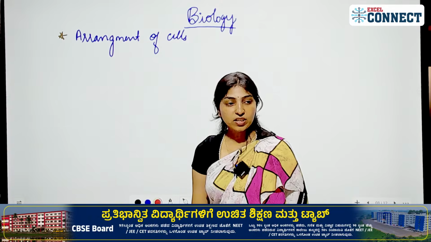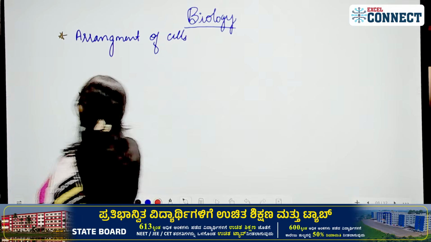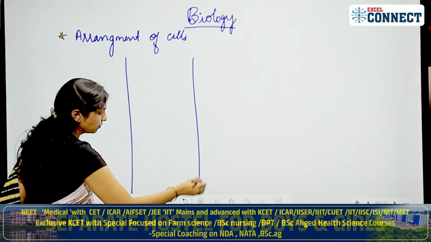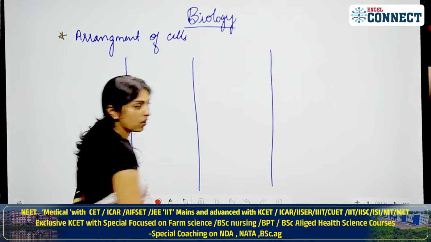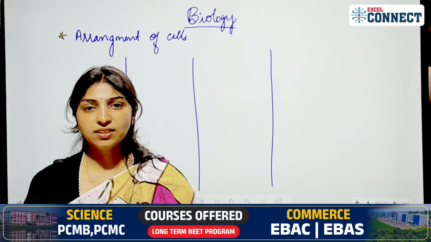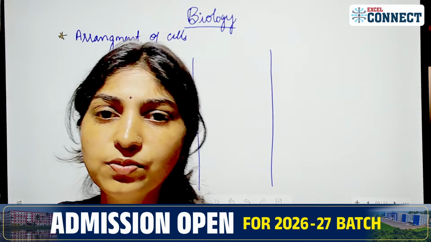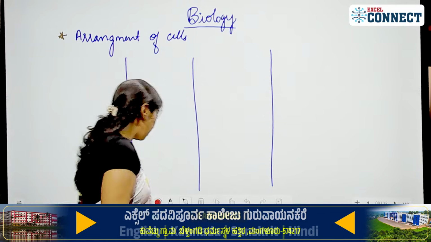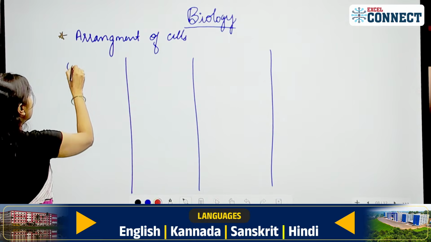Based on the levels of organization, there are 4 levels of organization which you already know. Which are the 4 levels of organization? Cellular level.